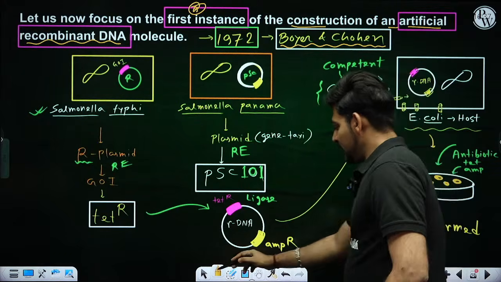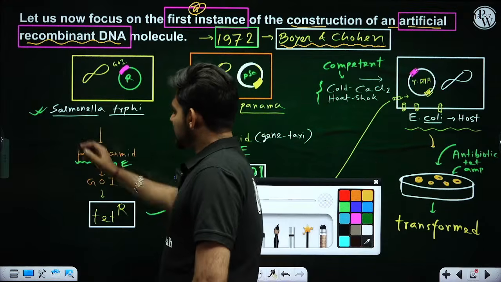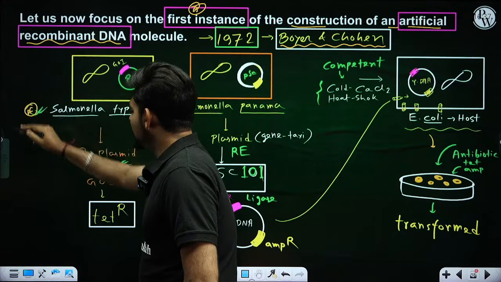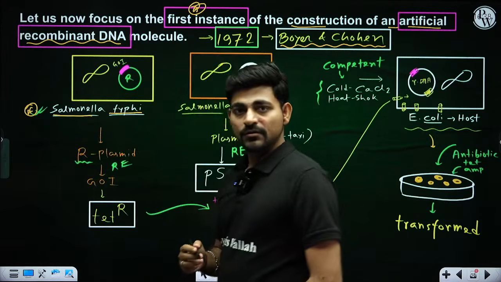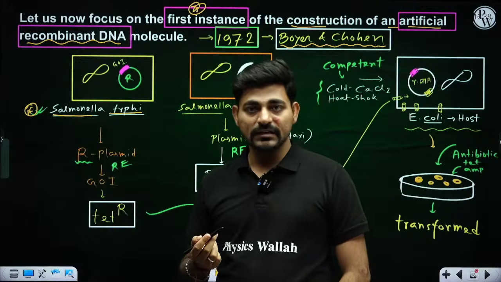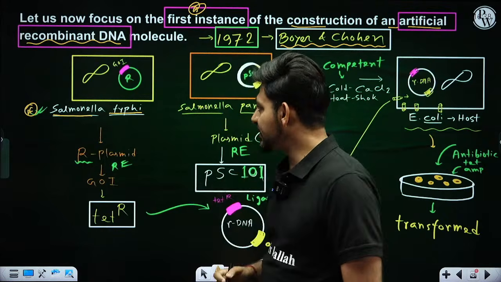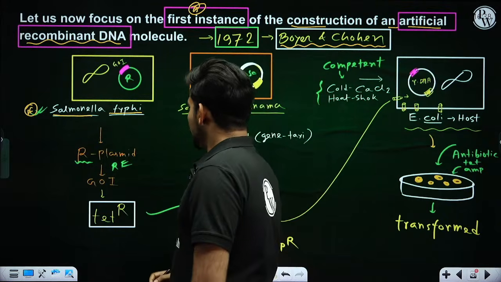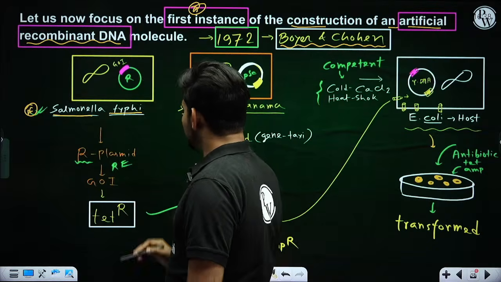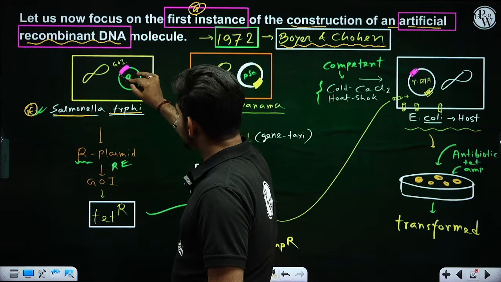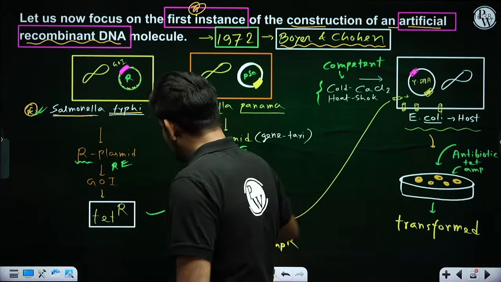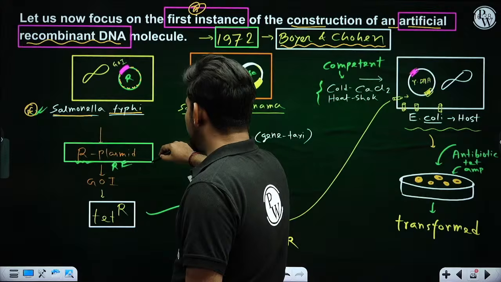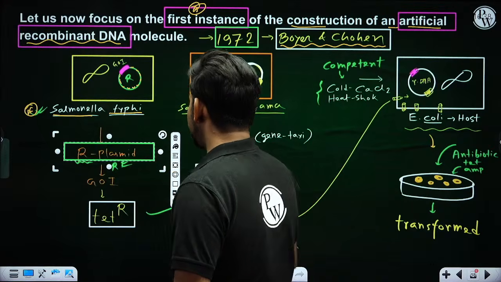So they observed a particular variety of bacteria called Salmonella typhi, which is responsible for causing typhoid fever, right? Inside that Salmonella typhi, they found an extra chromosomal circular DNA, which was basically a plasmid, and the name of the plasmid was R plasmid.